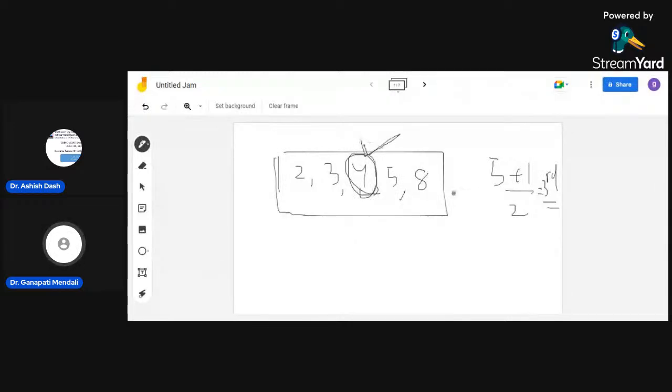Now instead of 8, if I have 8,000, the median value will not change. Instead of 2, if it is 0, or 1, it will not change. Even if it is 6, the value will not change. If it is 80 lakhs or 8 crore, the median value will not change.